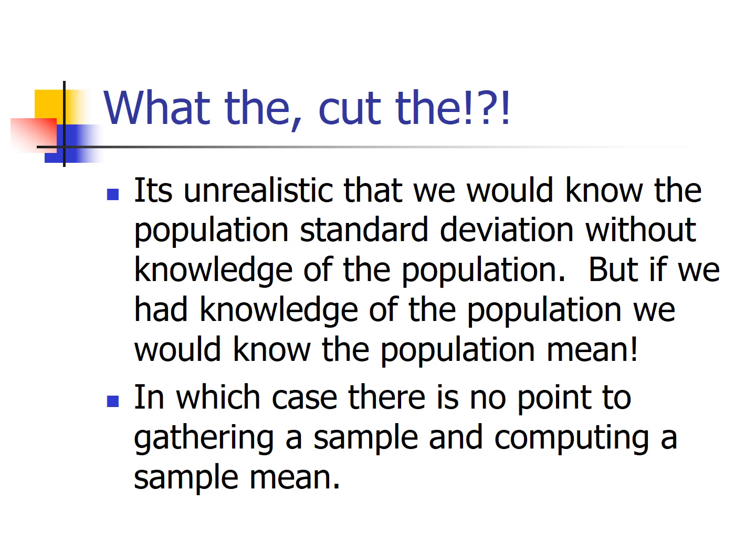But if we had knowledge of the entirety of the population, that would mean that we know the population mean, in which case there is no point to gathering a sample and computing a sample mean and getting a best guess for something we already know. Do we see that inconsistency?